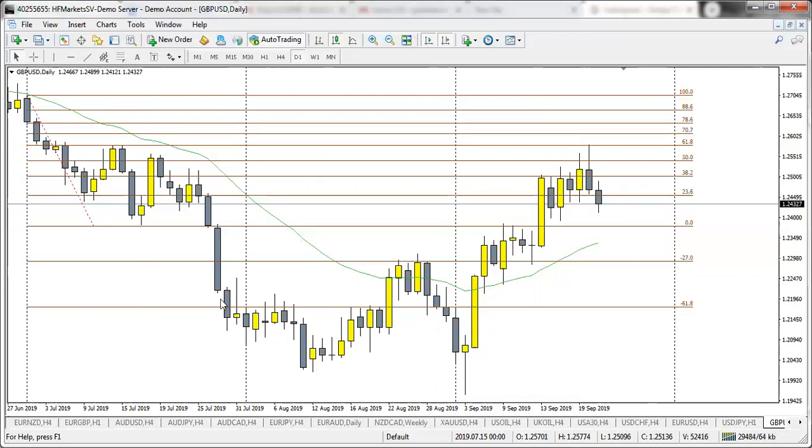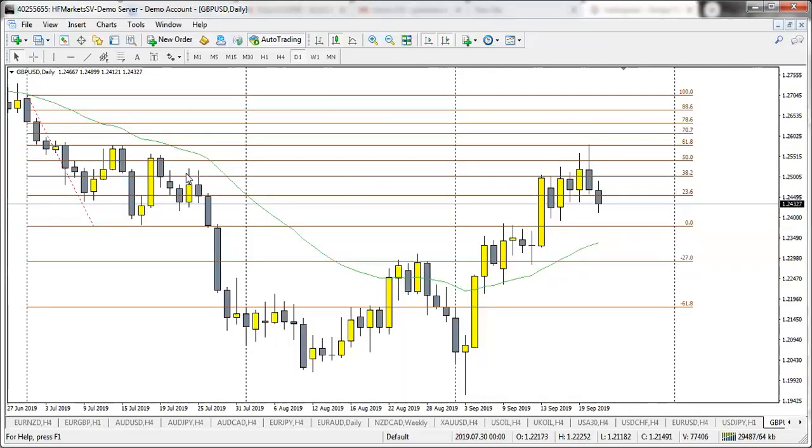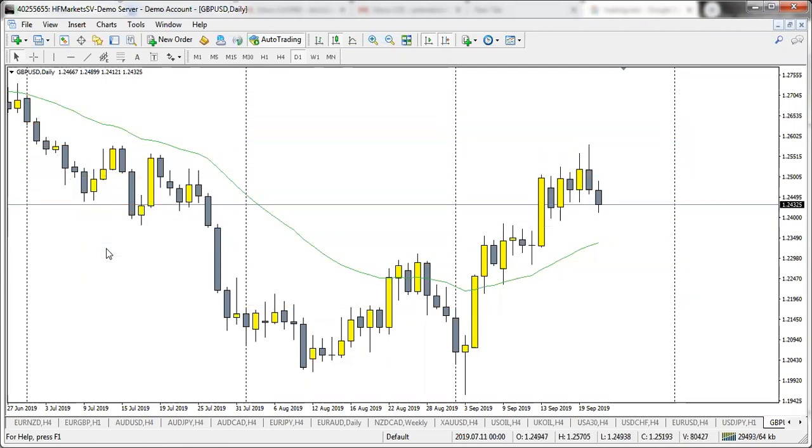So see what happened next. Price started rejecting 38.2, and after that it came all the way down. So if you are watching the market and it touched 38.2, did not stop, touched 50. Of course, 50 is a watch zone.